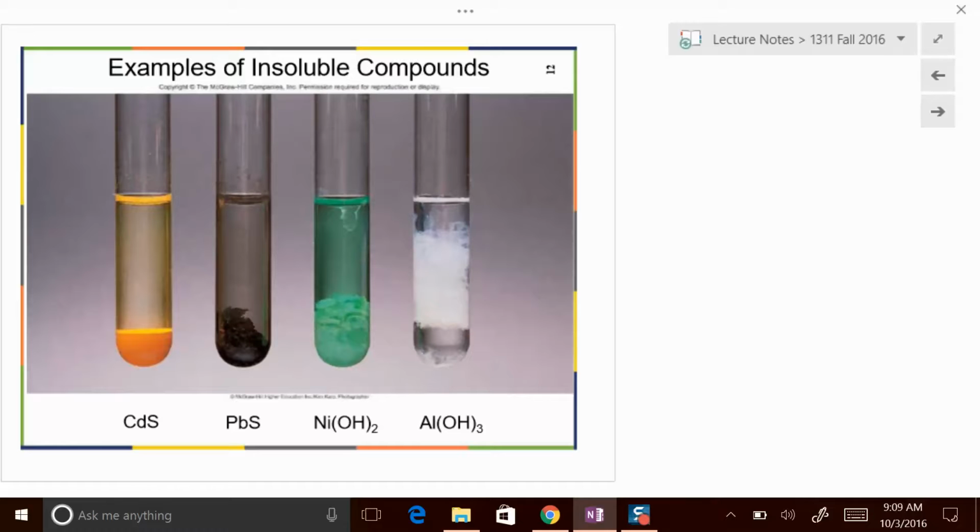So if you're working with a sodium hydroxide solution, you want to make sure that the water you're using is pure water. It doesn't have impurities in it, because if it has impurities, you're going to start to get all these precipitates coming out. So you're in the lab, you're supposed to be working with sodium hydroxide, and you use tap water instead of the distilled water, the deionized water, and all of a sudden you get all these precipitates.